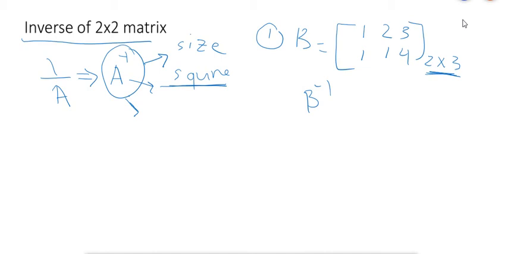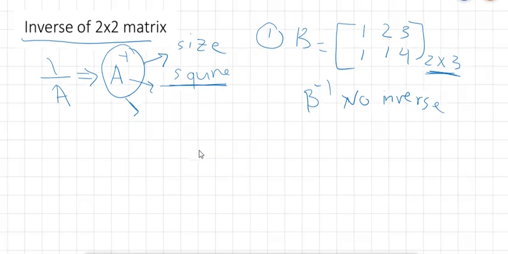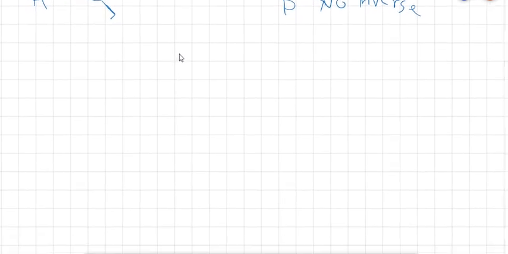Why? Because it is not a square matrix. The matrix should be square.